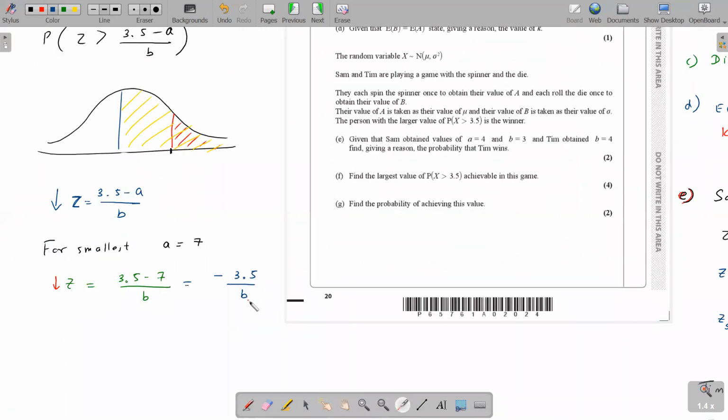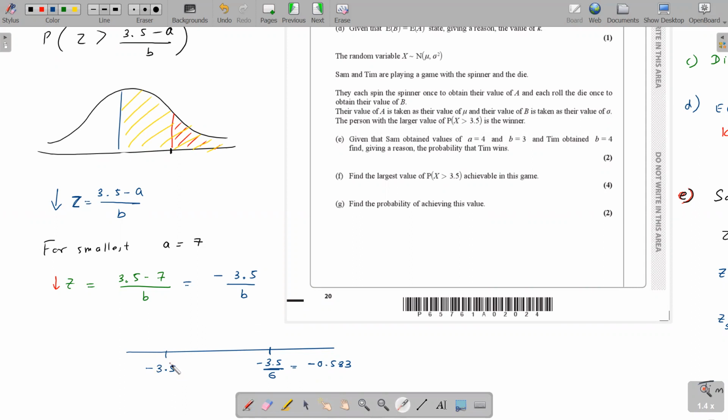If you use B value 6, you get minus 3.5 over 6 on the negative scale. How much is minus 3.5 over 6? Minus 0.583. But if you do minus 3.5 divided by 1, it's minus 3.5, which is further back. Can you see?